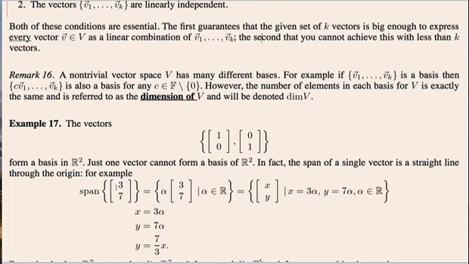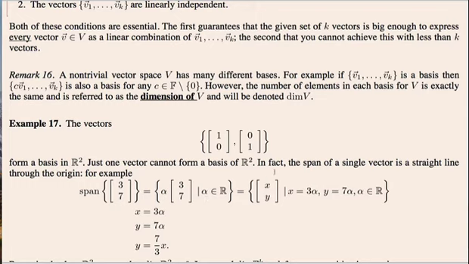To see that as an example, it's easy to work in R2 because it's nice to draw pictures. For example, if you take the vector (3, 7) in R2 and take the span of this, that means linear combinations, but that just means scalar multiples because there is no other vector to add. It's only one vector, so this is alpha times (3, 7), where alpha goes through all the real numbers.